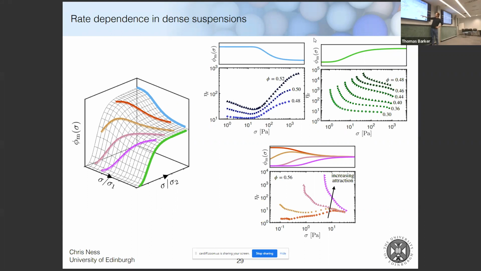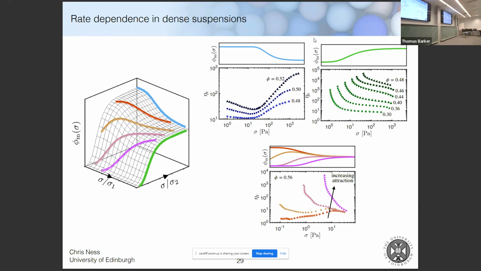And this is an example of the intermediate lines where you have attractive interactions and shear thickening with slightly different stress scales, but both observable within the same set of measurements. So this is an example where the maximum solids fraction is varying because of two stress scales, an attractive one and a frictional roughness one. And then you get quite non-monotonic rheology.